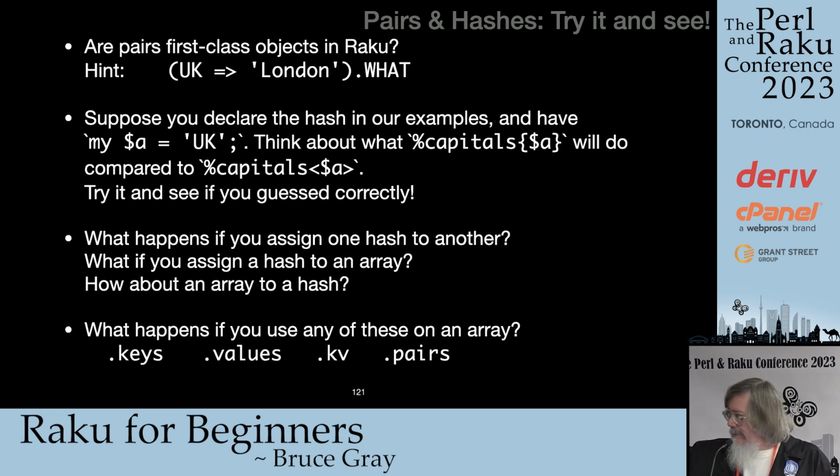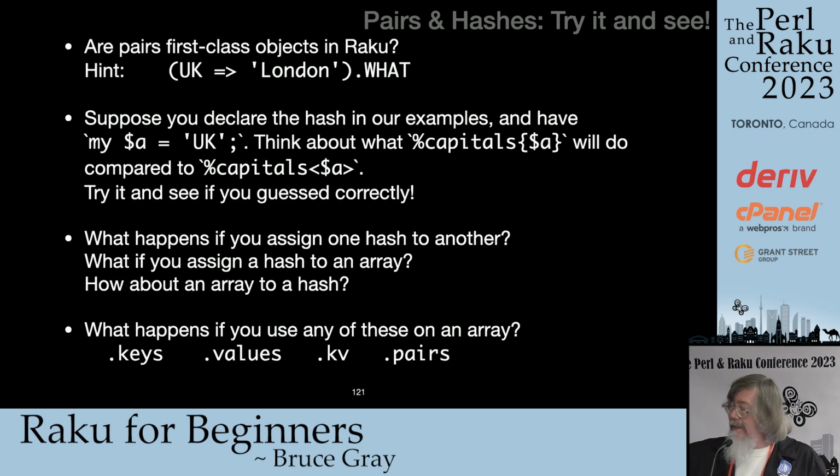And what happens if you use keys or values, kv or pairs on an array? Does it explode? Does the world end? Anybody know? If I remember correctly, keys is the indexes, right? You got it reversed. Pairs is the pairs.